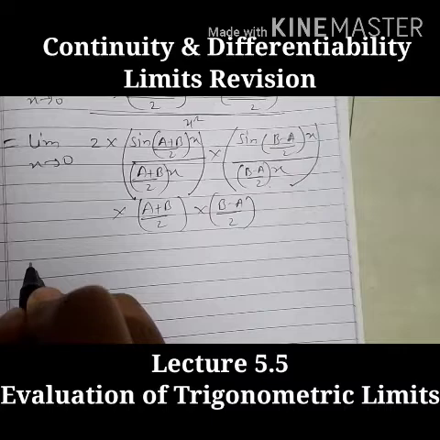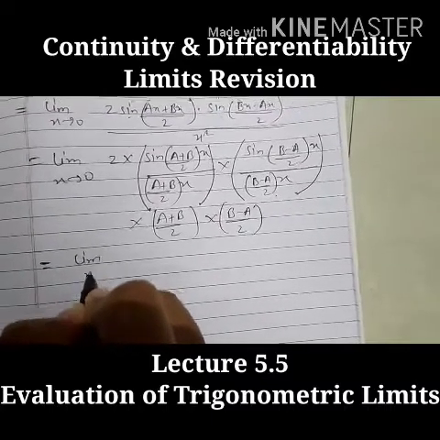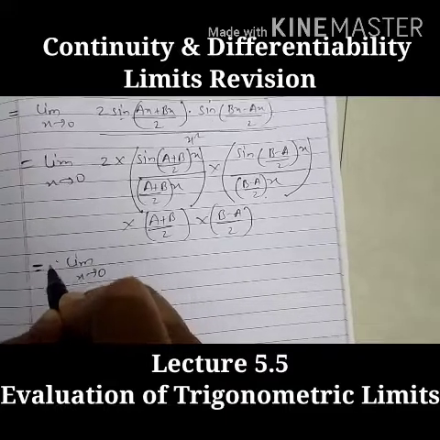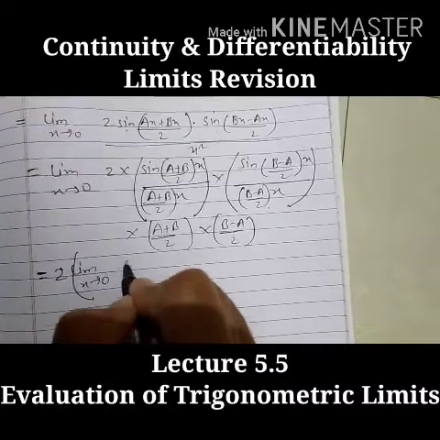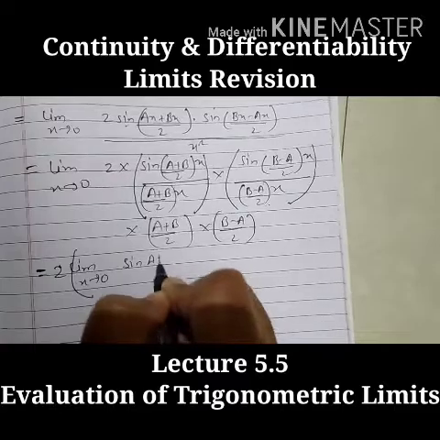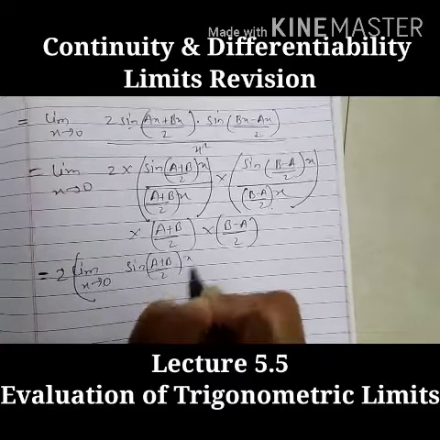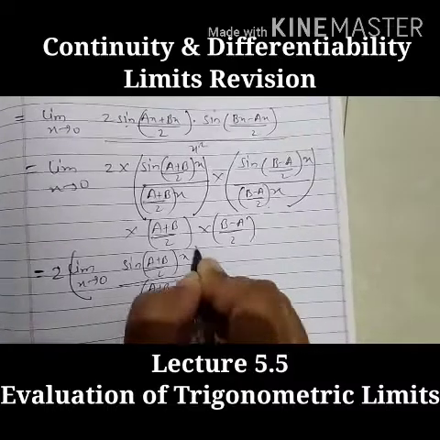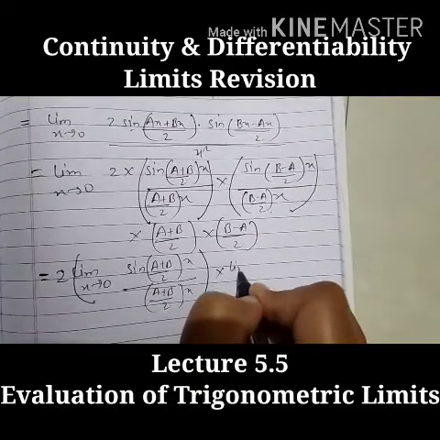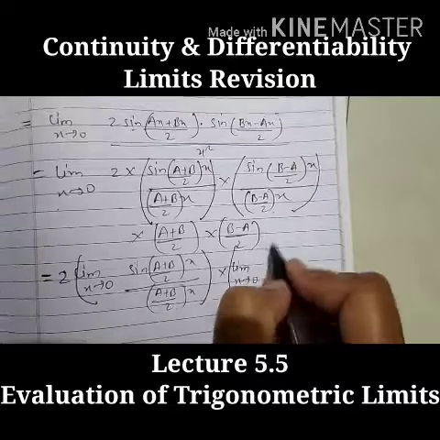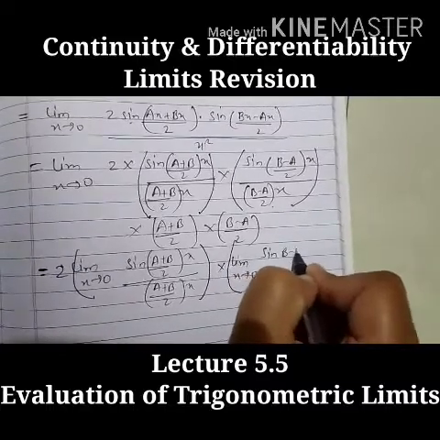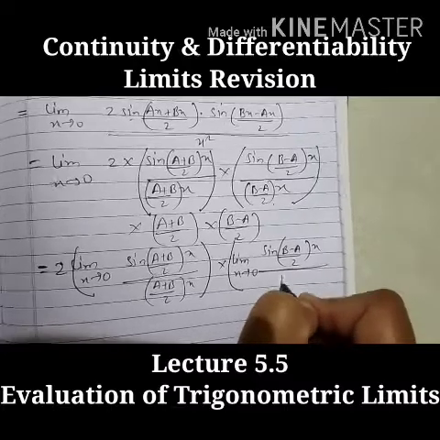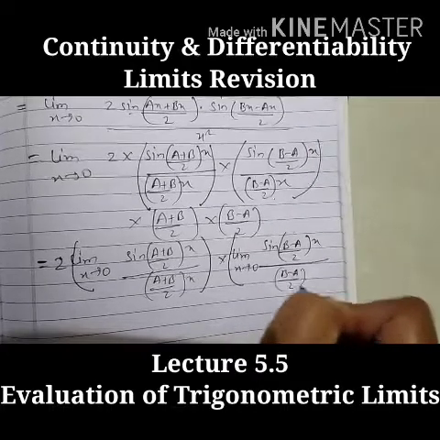So it will be equal to limit as x tends to 0. Inside we can take limit sine of a plus b upon 2 into x upon a plus b upon 2 into x. Again, limit as x tends to 0, sine of b minus a upon 2 into x upon b minus a upon 2 into x.